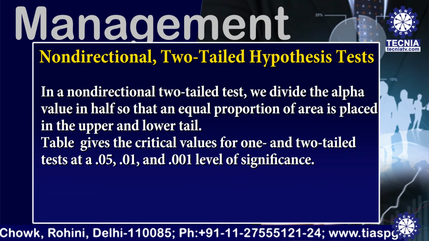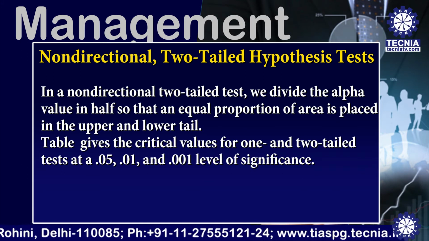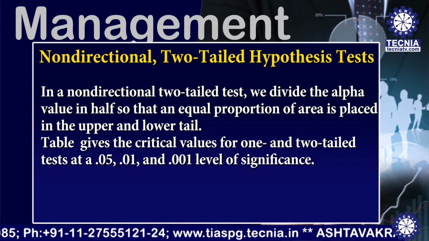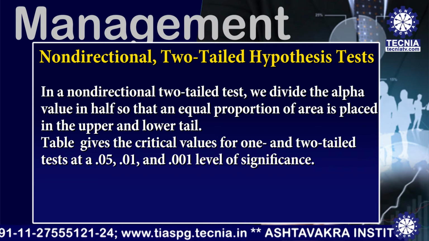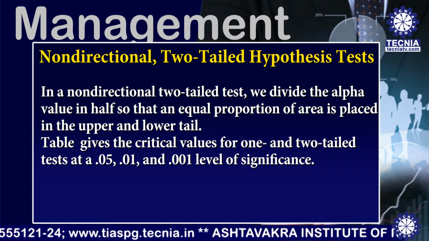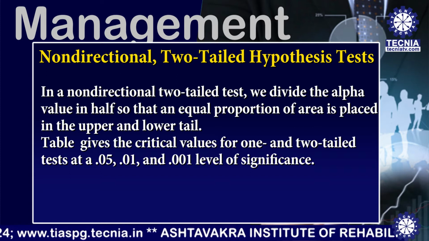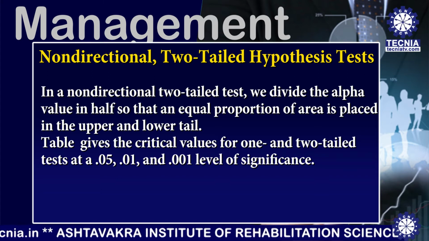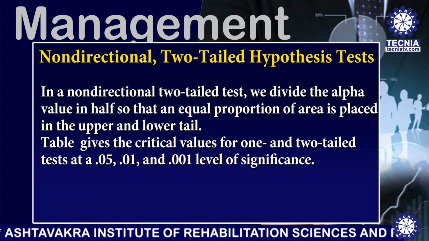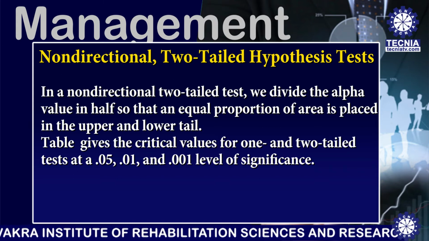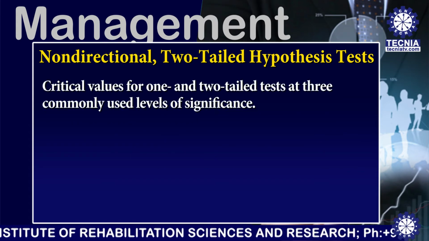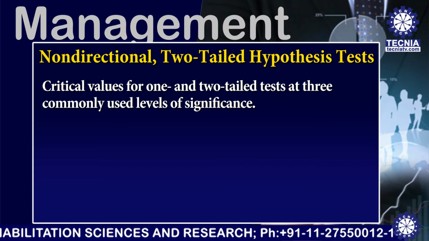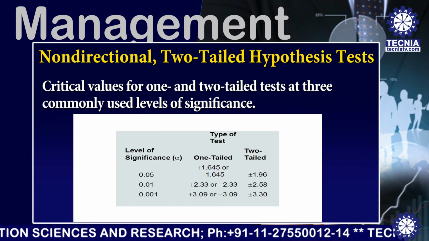In a non-directional two-tailed test, we divide the alpha value in half so that an equal proportion of area is placed in the upper and lower tail. The table gives the critical values for one- and two-tail tests at the 0.05, 0.01 and 0.001 levels of significance. These are three commonly used levels of significance.